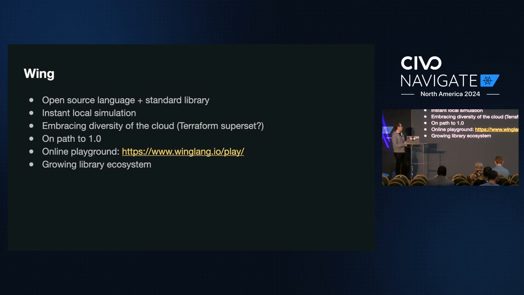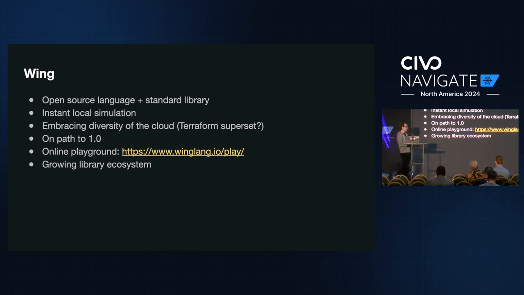If you're just interested in the infrastructure, you can treat it like a superset of Terraform. One thing I didn't show, but Terraform has all of these providers already available for major clouds. Most of those you can already use in Wing through these automatically generated bindings.